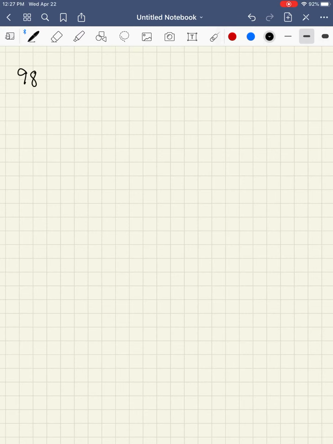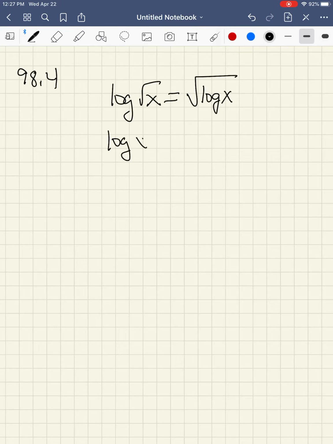All right, so 98.4 has log of the square root of x is equal to the square root of log of x. Not the same thing at all, because this is actually log of x to the 1/2, and this is log of x to the 1/2.